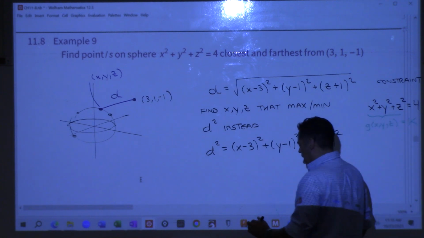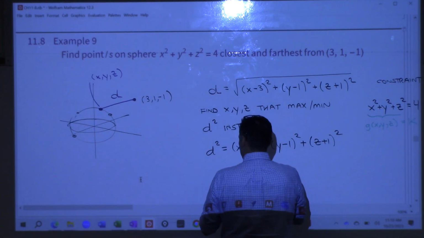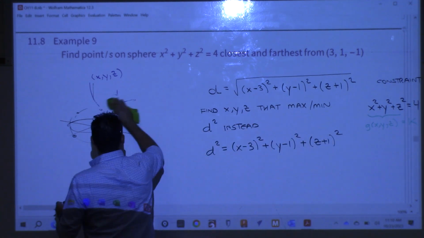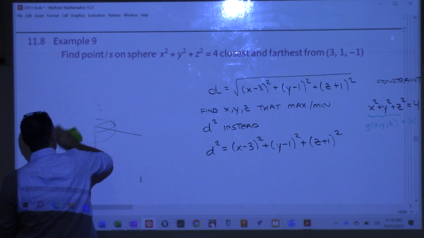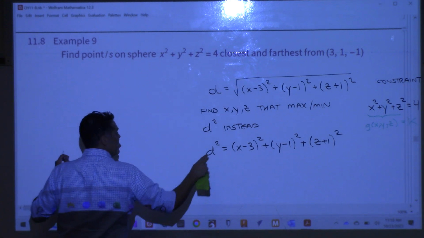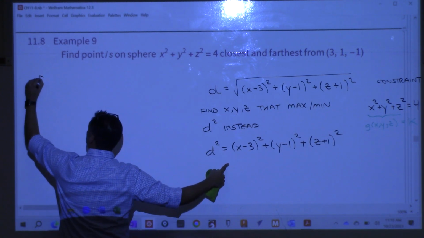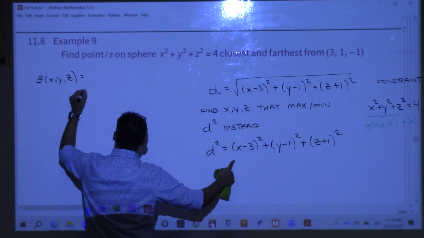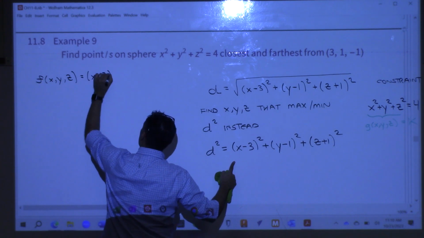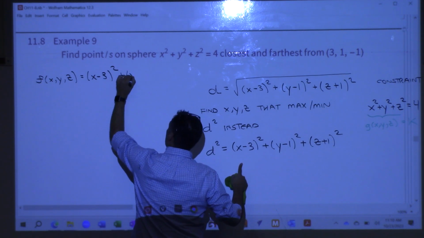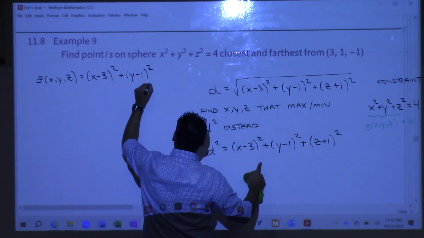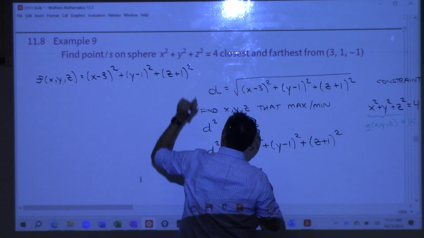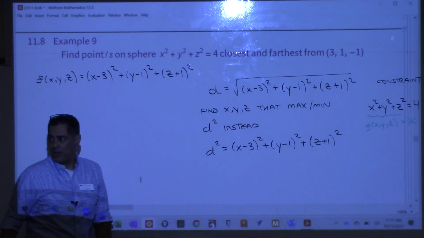And this is the thing I'm going to call my f of x, y, z. I'll write it over here. So here's what we've got. This is going to be our function of three variables: f of x, y, z is x minus 3 squared plus... You don't have to do this step of squaring it, it's not necessary, but it makes the algebra much better.